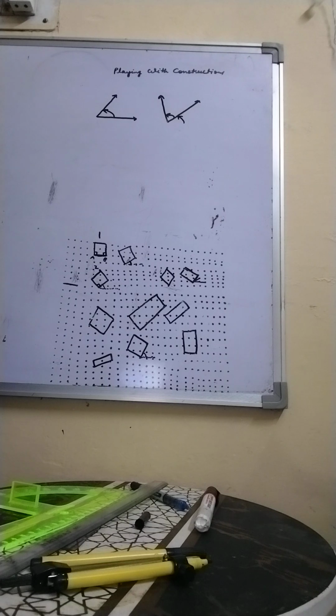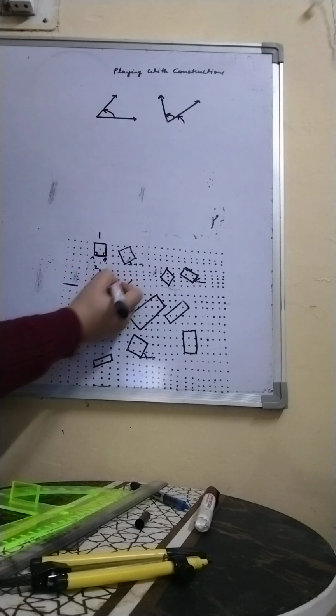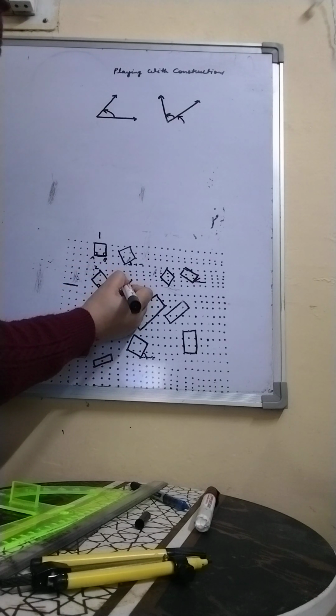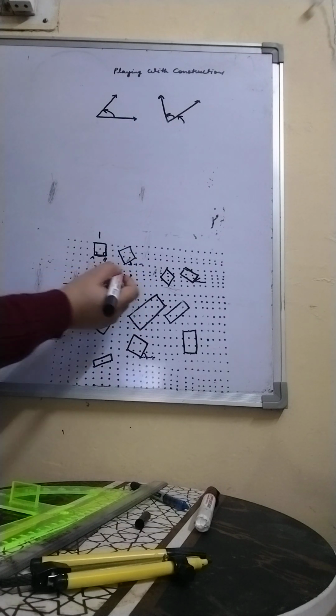Particularly for a square you need to be very careful. Suppose this is the dot. So the first side was this, the second side I took this, and now the side I am rotating further and joining the square at this angle.